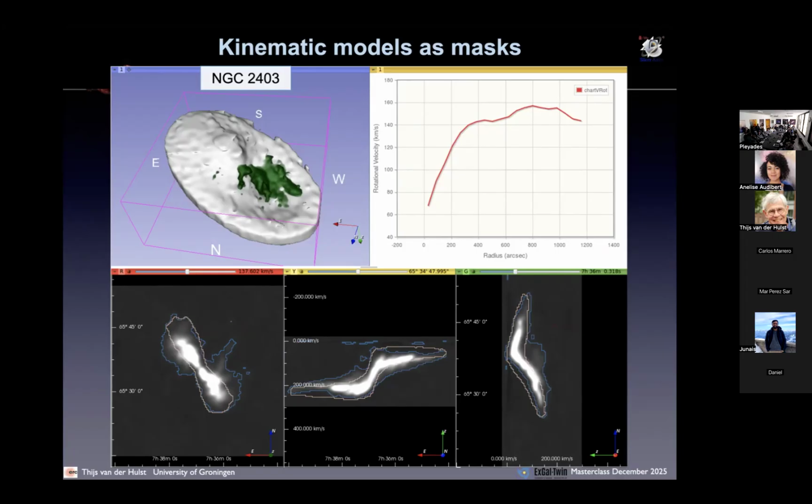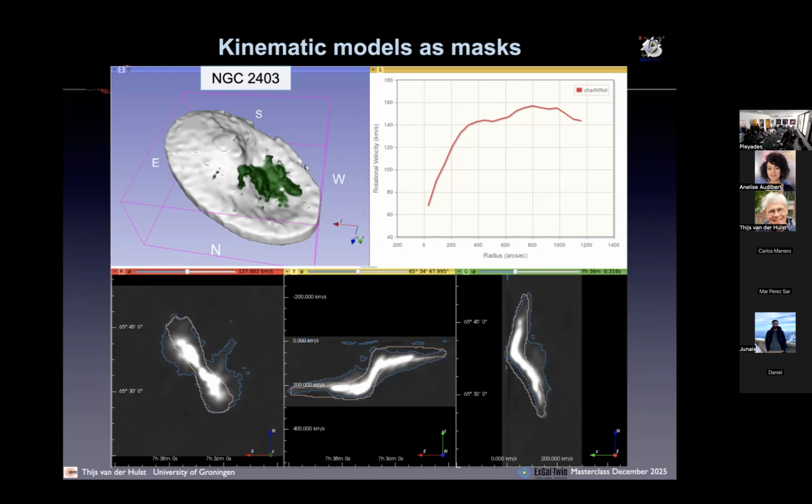And the model is shown here as the whitish contour, and it's shown as an overlaid surface on the data. And everything which is not fit by the model, which is basically the blue contour in these cuts, is shown because it sticks out of the gray surface which shows the model.